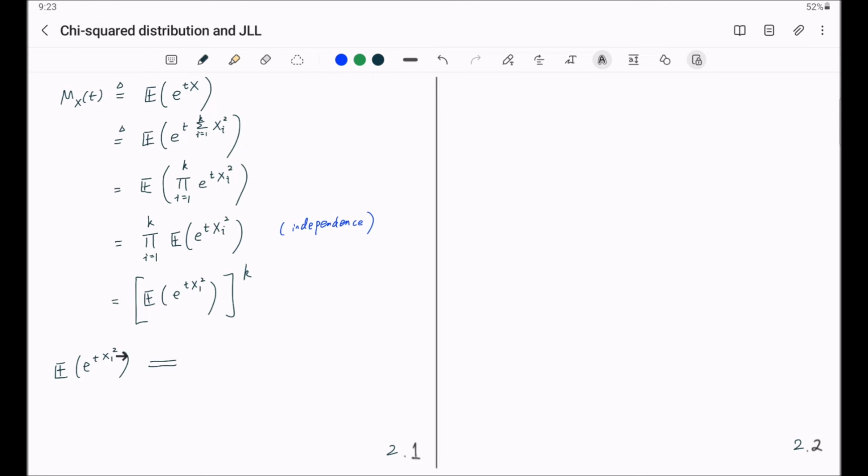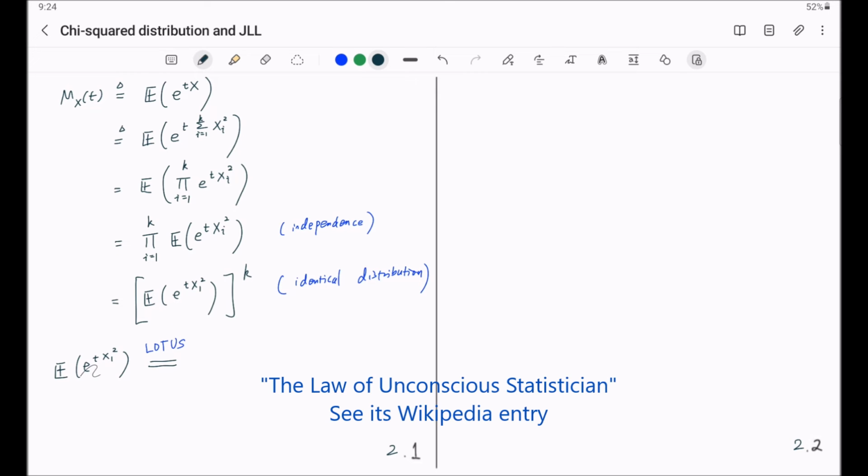Here, recall that X_1 has standard normal distribution, and this part is a continuous function of X_1. So we can use the so-called law of the unconscious statistician. This is a very famous tool to compute the expectation of a continuous function of a random variable whose density function is known.